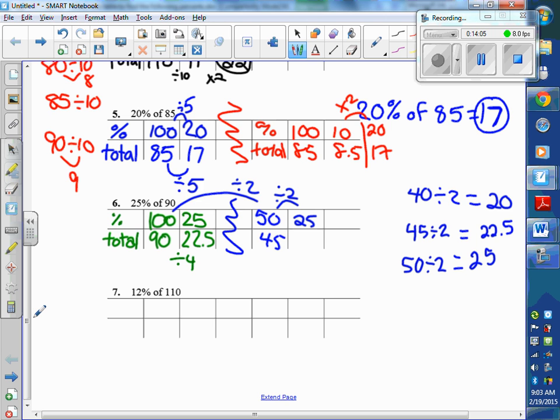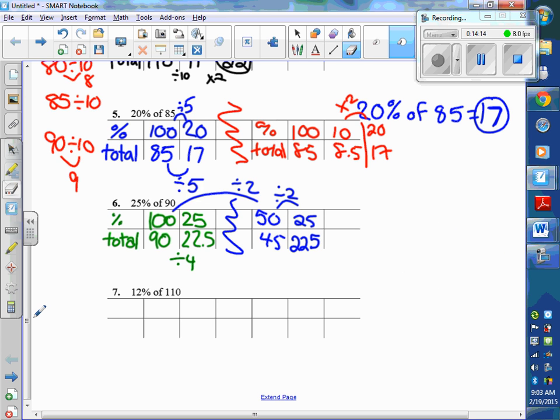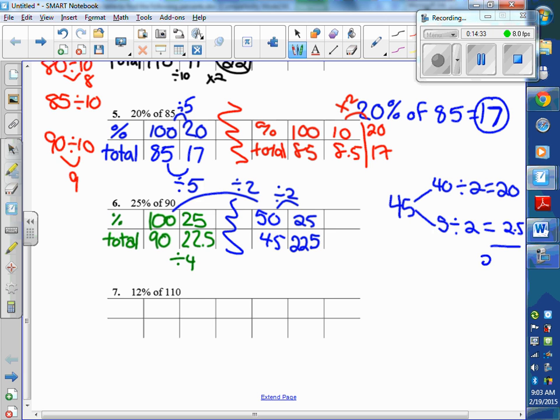You just end up with a decimal. So 22.5. And if that way didn't work for you, think of the other way we do mental math division. Think of 45 as 40 plus 5. Divide 40 by 2 and you get 20. Divide 5 by 2 and you get 2.5. Add them together.